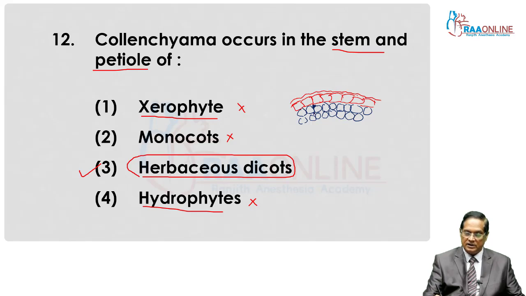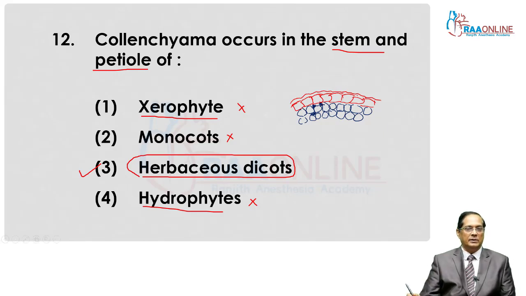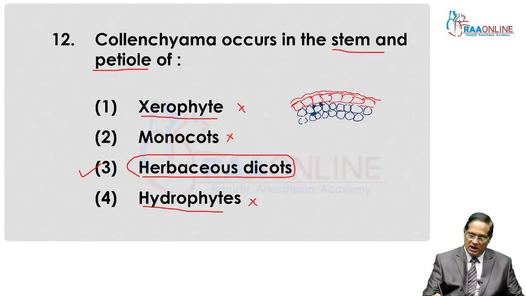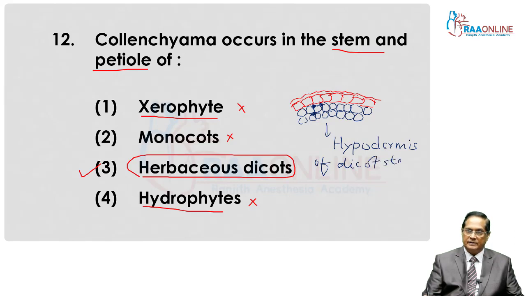So intercellular space is not there. Intercellular space is not present in collenchyma. So this is the hypodermis of dicot stem.